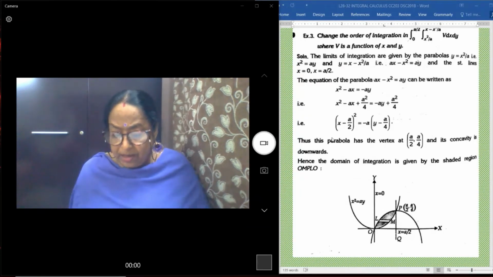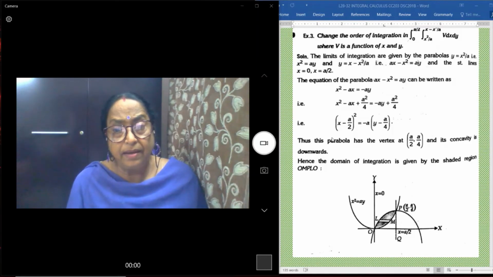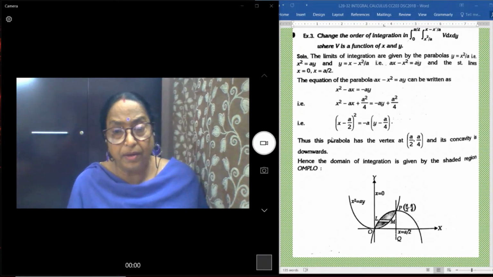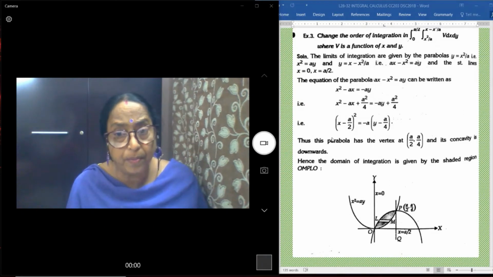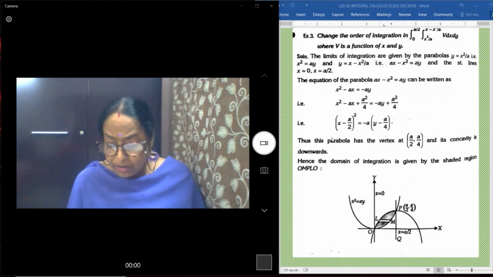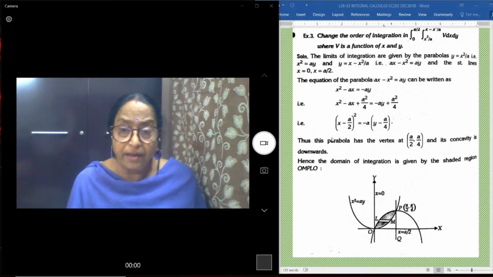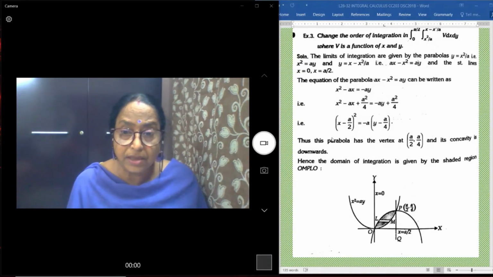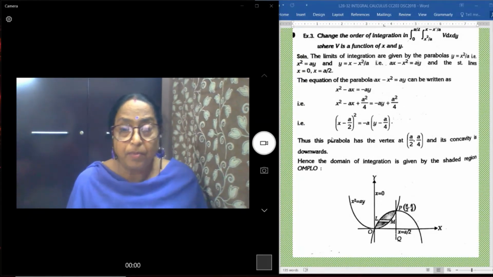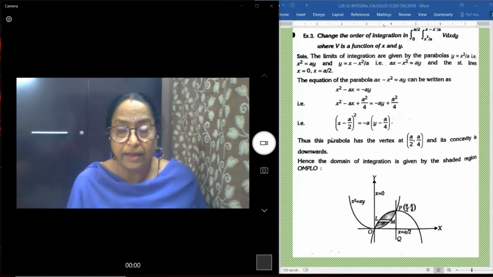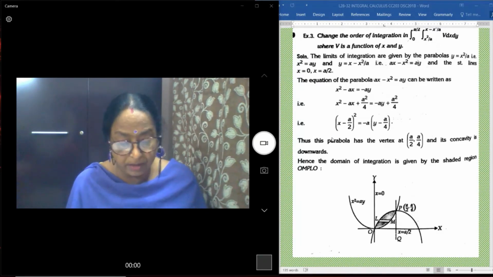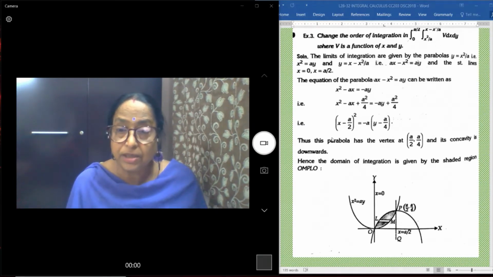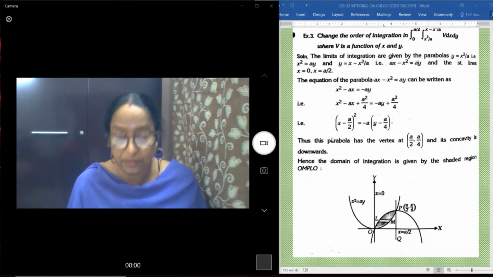So you can see the curve traced on your paper. So we are to find the point of contact of these two curves, and the shaded portion, that is the common portion to both.